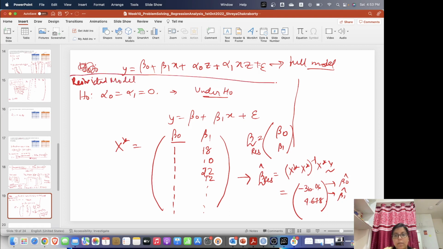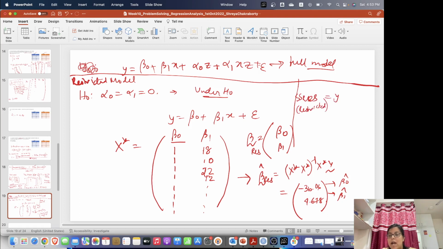So under the restricted model, the sum of squares due to residuals would be y prime y minus beta restricted hat transpose x star transpose y.